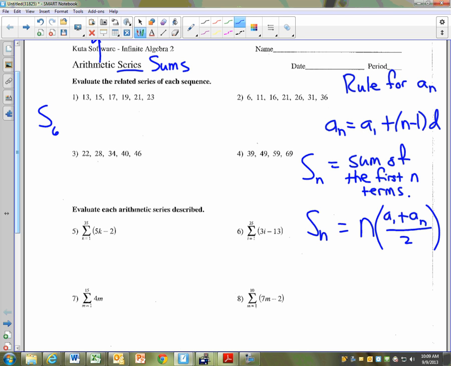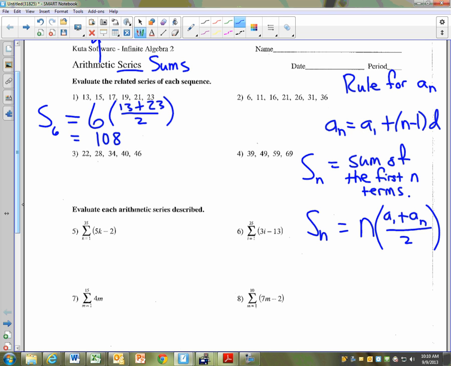So the sum of the first 6 is equal to, what is n? 6 times, what's a sub 1? 13 plus, what's a sub 6? 23 divided by 2. 13 plus 23 is 36. 36 divided by 2 is 18. 18 times 6. And that is your result.